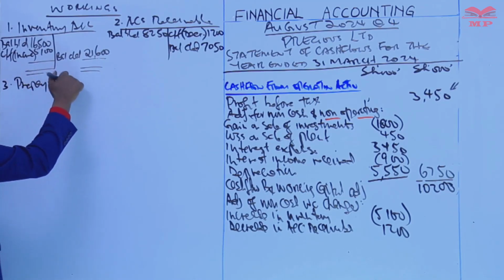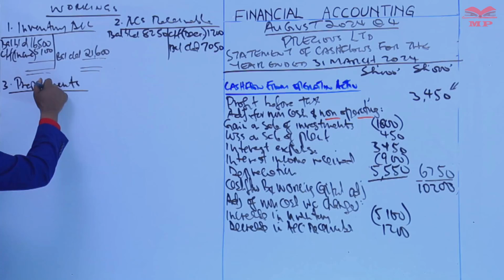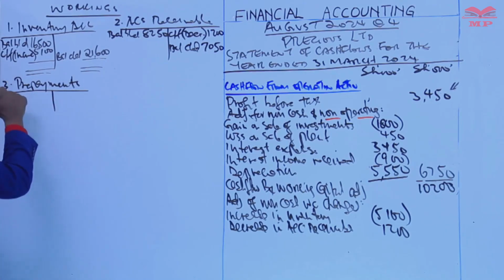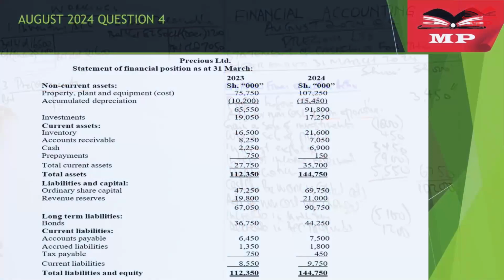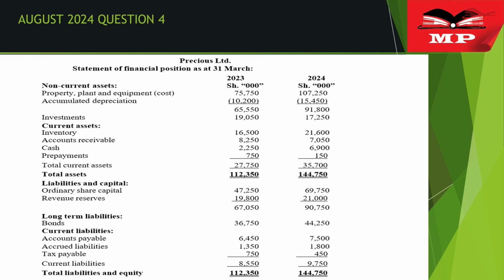Prepayments account. What is the balance at the beginning? Prepayments at the beginning is 750.